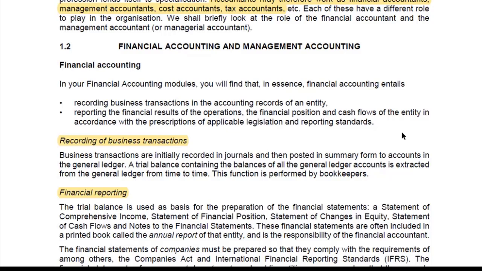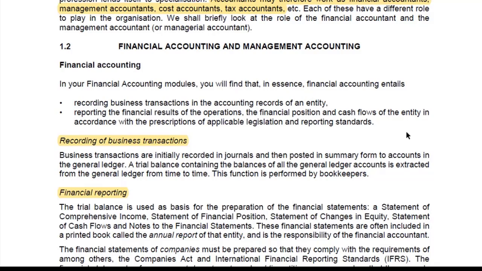Then when it comes to management accounting, you have a bit of cost accounting and that management that I was talking about. You look at the cost, you look at the profit, you look at the selling price. You now factor in decision making. You're looking at standard costing because standard costing helps you with forecasting.